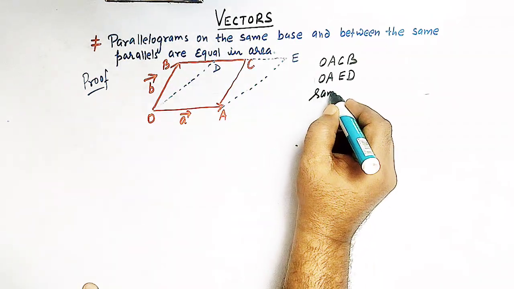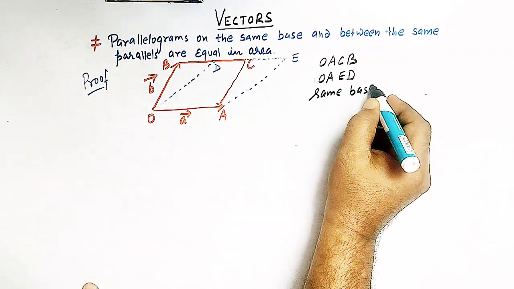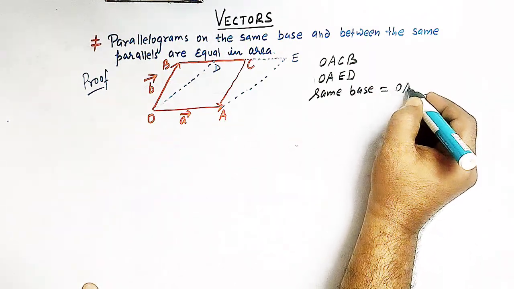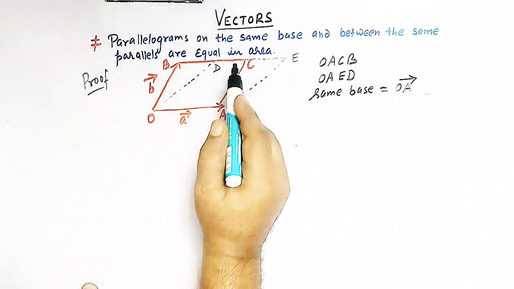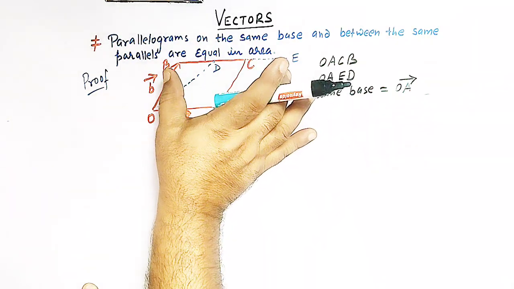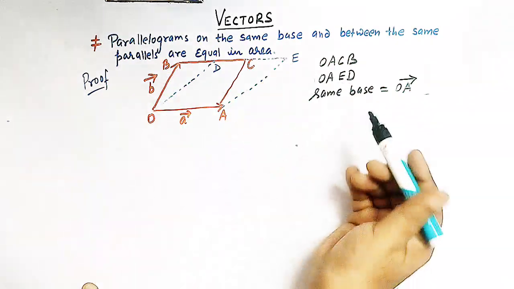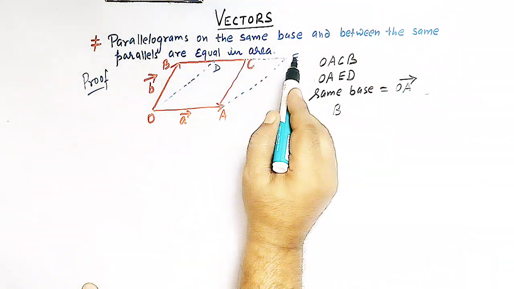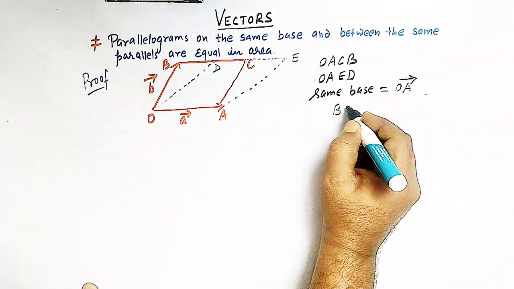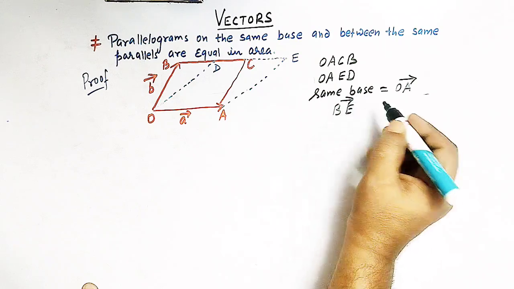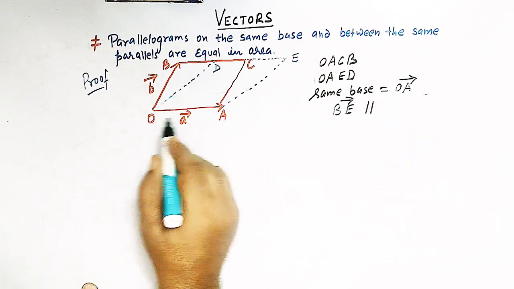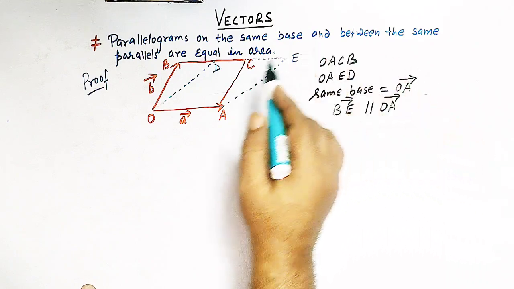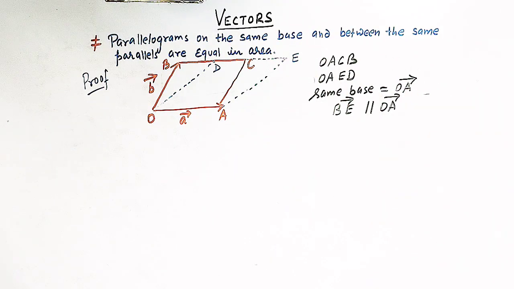So the same base is given by this vector OA, and these two parallelograms are between the same parallels. So the same parallels may be taken as this line, that is BE. So we have this vector BE is parallel to this vector OA, right? So this is the situation.